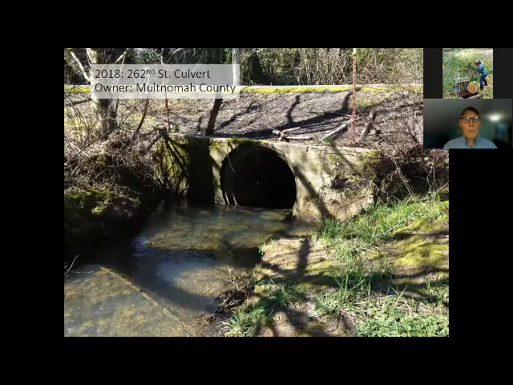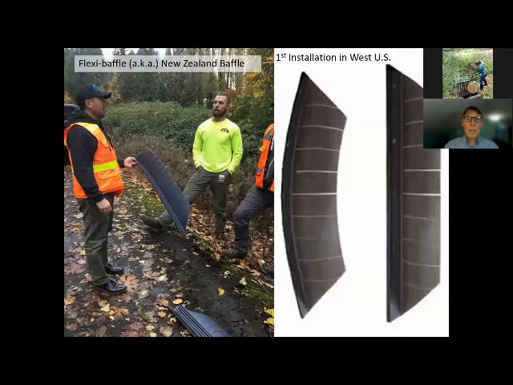The next year, we looked at a county culvert just a little bit upstream. This is 262nd Street, and this is the start of 3 culverts, which we found would be kind of expensive to replace. So we looked at some evolving technologies, and the technology we use is called the Flex-A-Baffle.